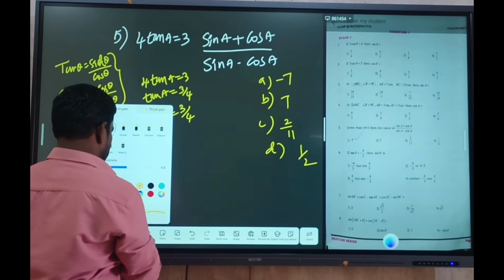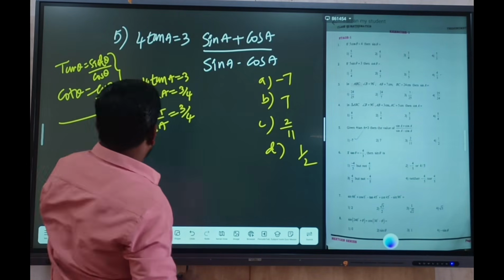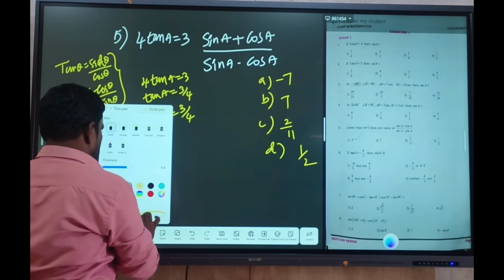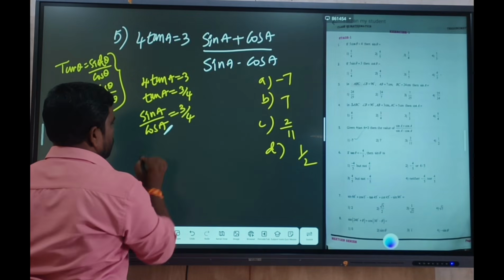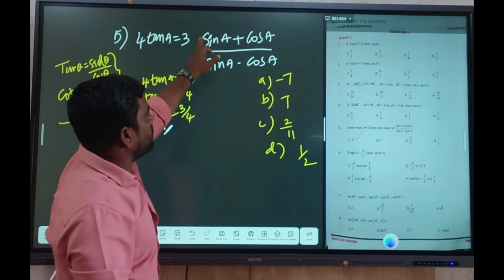Now, what is the question? Observe the denominator: it is cos. Divide by cos in the question.